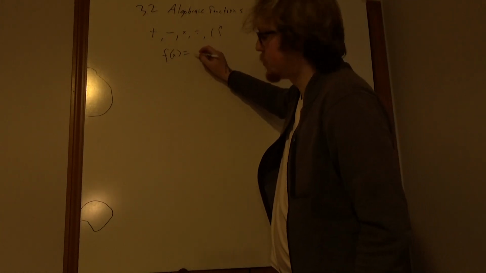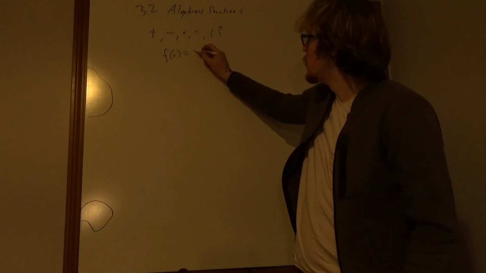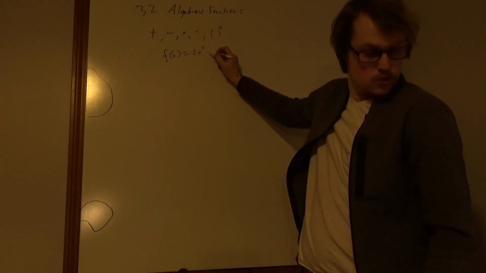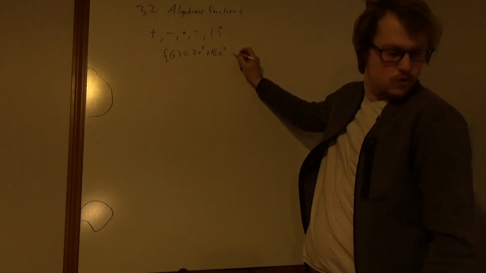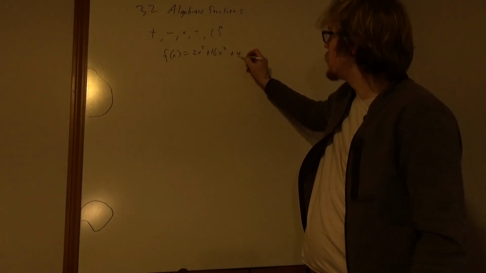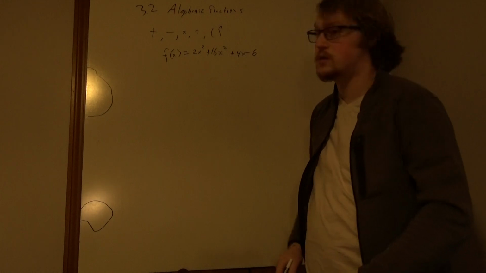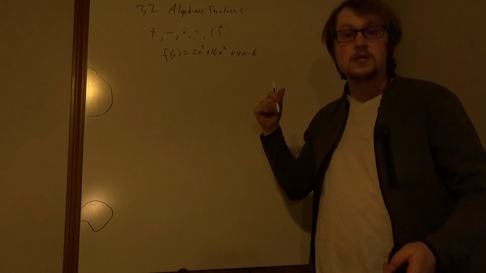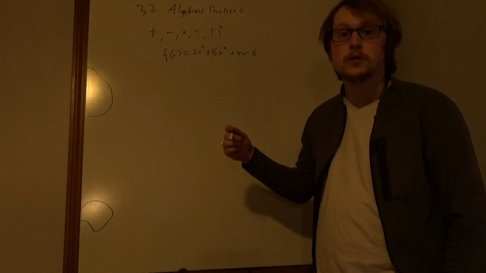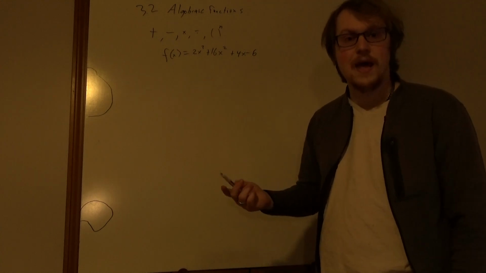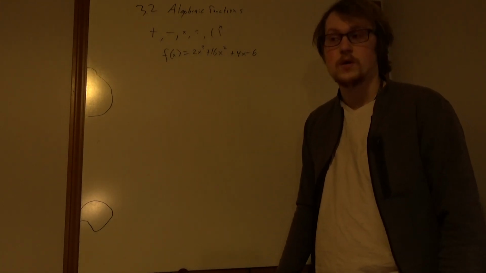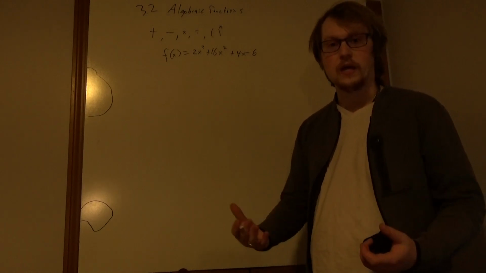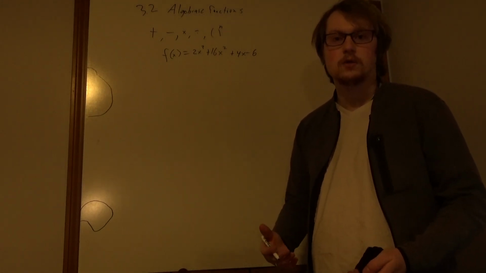But for example, let's do 2x cubed plus 16x squared plus 4x minus 6. So, first of all, what's the degree of this polynomial? It's going to be whatever the highest x exponent is, and in this case it's 3, so this has degree 3. So we know that it roughly looks like x cubed.